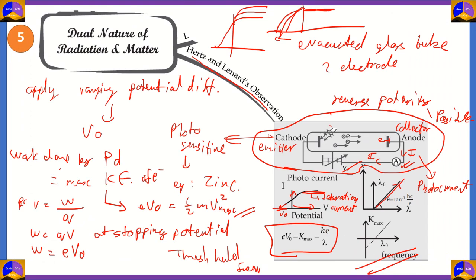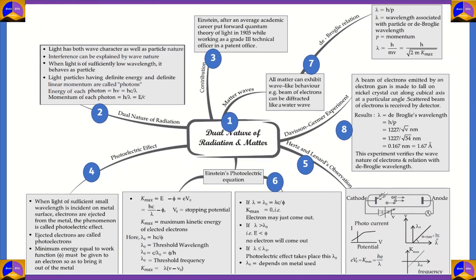Now the problem is that the photoelectric effect cannot be explained by the wave theory of light, because as per wave theory, maximum kinetic energy is proportional to the intensity, but experiments show that the maximum kinetic energy is independent of the intensity.